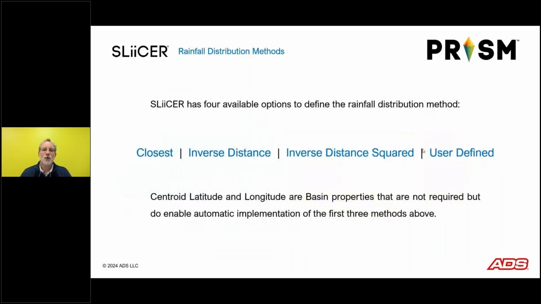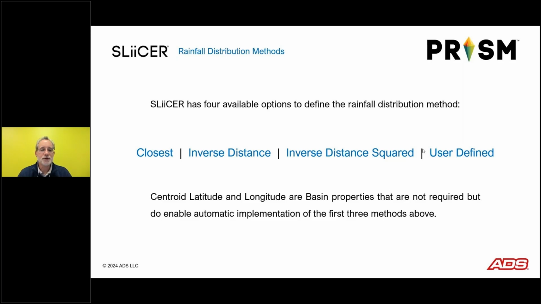So we have 4 available options in SLiiCER to do this type of rainfall distribution. We can select the closest rain gauge. We can do an inverse distance or an inverse distance squared distribution, or you can choose your own. You can have a user-defined distribution. And I can say by default, without any other information, SLiiCER will simply average the rain gauges available to it and apply that average across all basins.